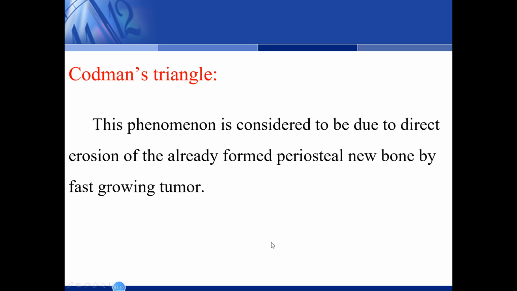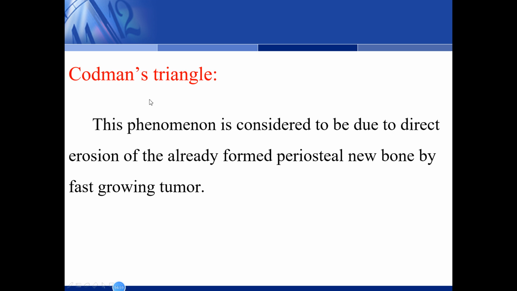Codman triangle. This phenomenon is considered to be due to direct erosion of the already formed periosteal new bone by fast-growing tumor.